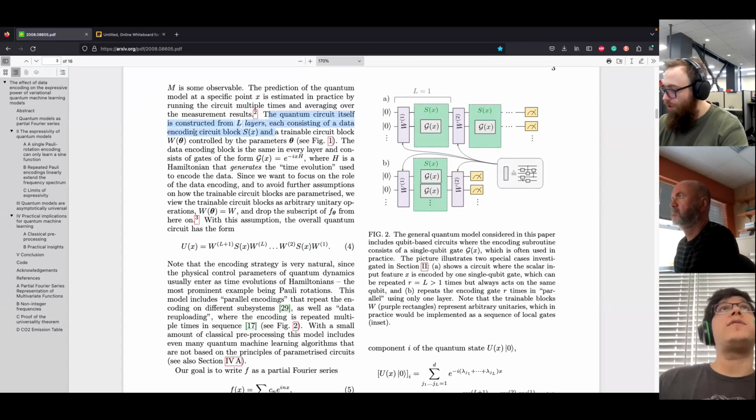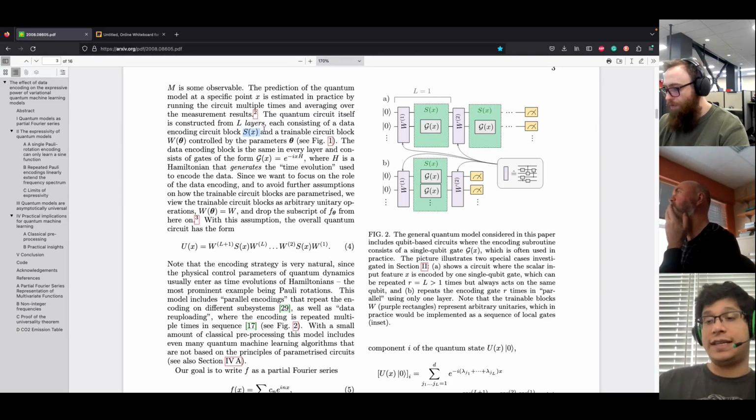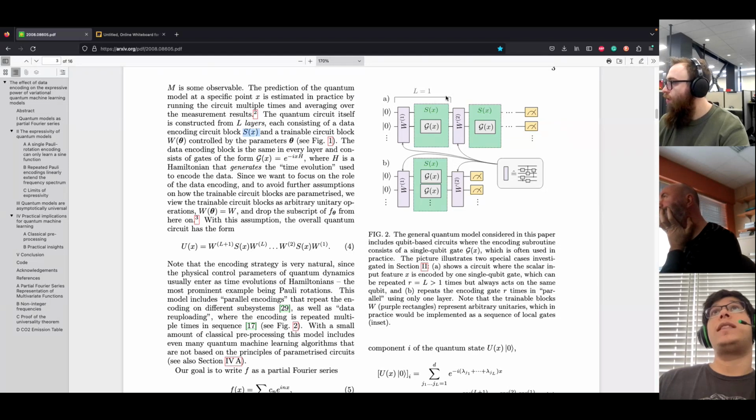The quantum circuit itself is constructed from L layers, each consisting of a data encoding circuit block SX. This means you have a quantum circuit that depends on the data, where you input the features of the data samples. On the right, you can see it's labeled L = 1, which corresponds to one layer.